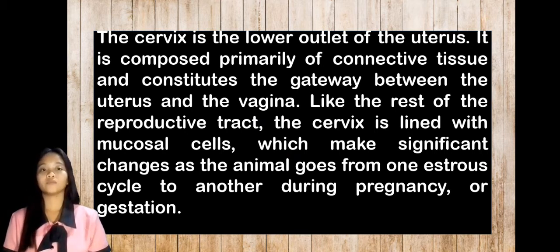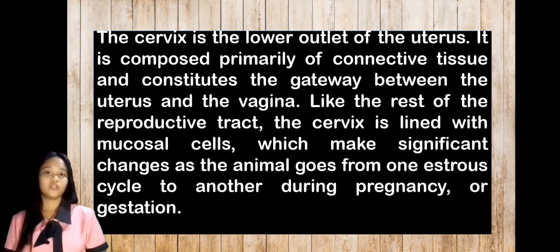It is composed primarily of connective tissue and constitutes the gateway between the uterus and the vagina. Like the rest of the reproductive tract, the cervix is lined with mucosal cells, which make significant changes as the animal goes from one estrus cycle to another during pregnancy or gestation.